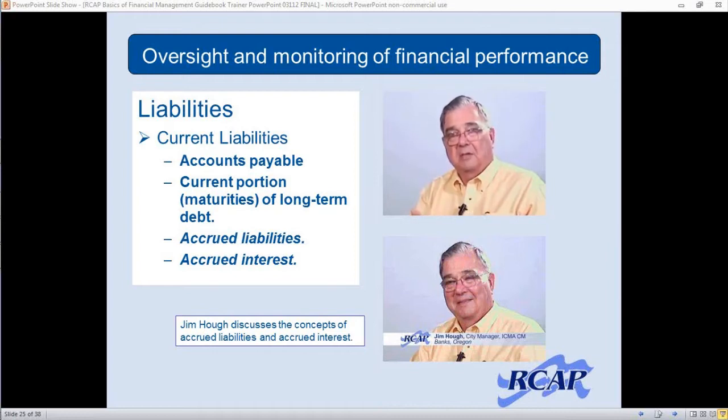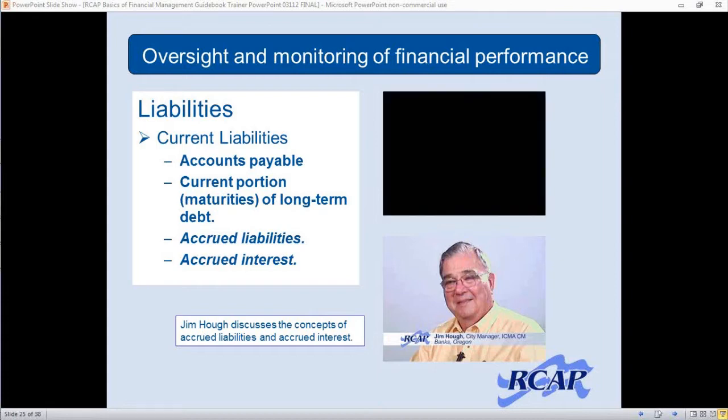For example, if we have an unfunded liability on vacation bank within the organization, and somebody leaves the employment of the organization on short notice, then all of a sudden that accrued liability of paying off the unused vacation comes due and payable right now. So it's not something that we want to push off into the future. It's something that we want to address straight up and make allowances for, so that we can pay the liability when it becomes due.